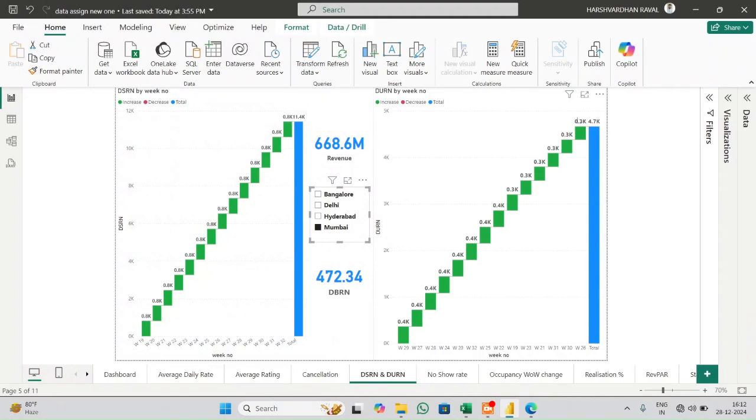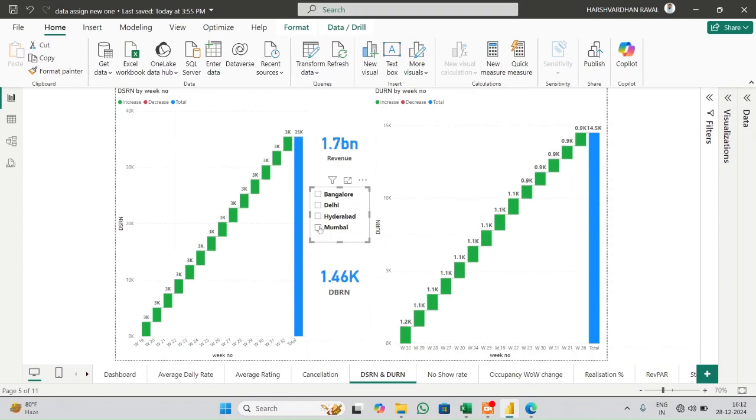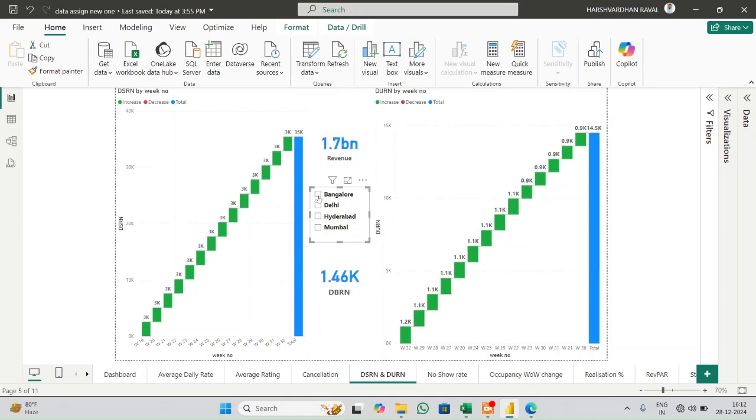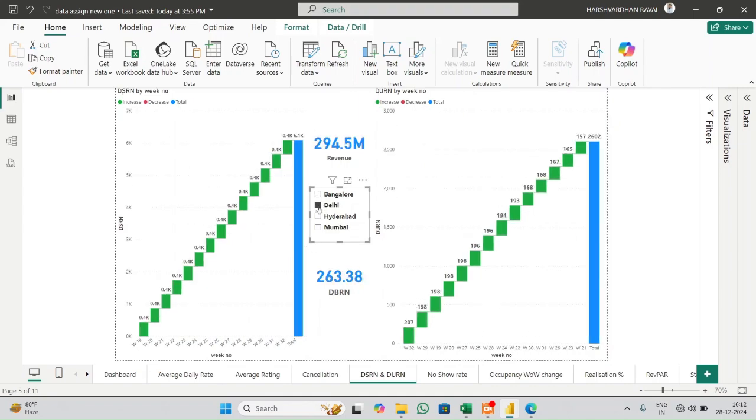We can say 668.6 million revenue is contributed by Mumbai alone out of 1.7 billion, which is a major chunk of the hotel revenue. So maybe the hotel is focusing on Mumbai, followed by Hyderabad, then Bangalore, and then Delhi. In Hyderabad it is 325.2, then Bangalore 420, and then Delhi 294.5.